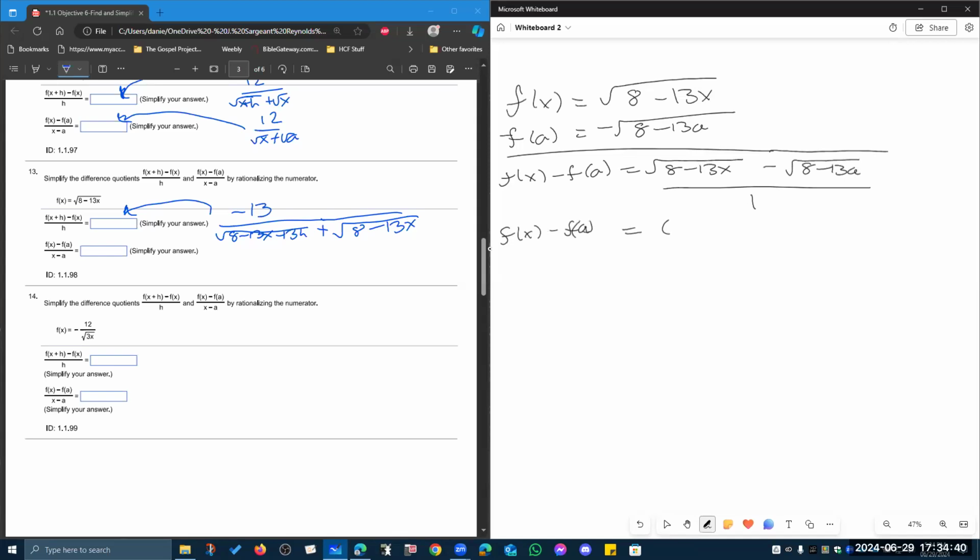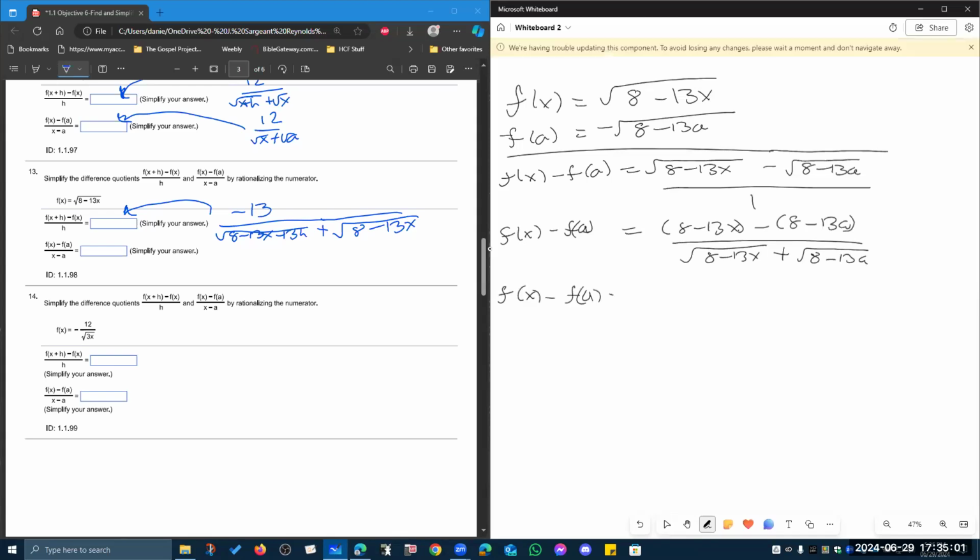It's going to be 8 minus 13x minus 8 plus 13a over root 8 minus 13x plus root 8 minus 13a. 8 minus 8 is 0.